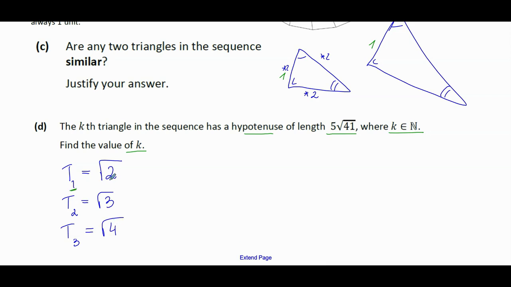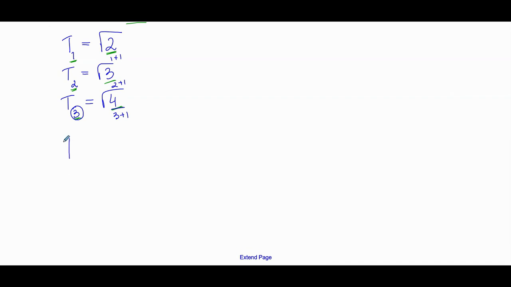That's where we see the connection between the number of the term and the number that is changing: it will be plus 1. 1 plus 1, 2 plus 1. Following the same logic, if I have term 100, that will be 101. So if I have term k, that will be k plus 1.